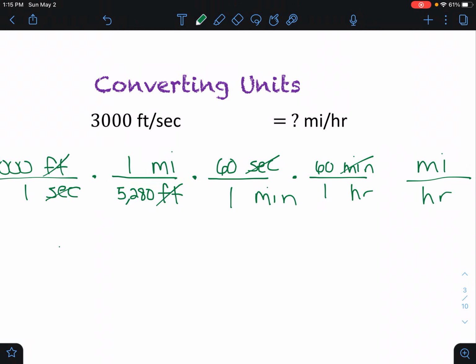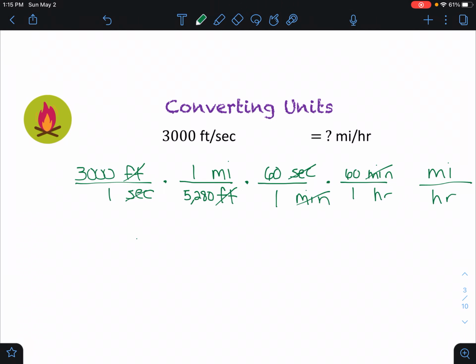So now my minute units cancel. Now I can just multiply across the top, multiply across the bottom, and that will give me my miles per hour. Notice miles on top, hours on the bottom. That's how it should work out if you do this correctly.